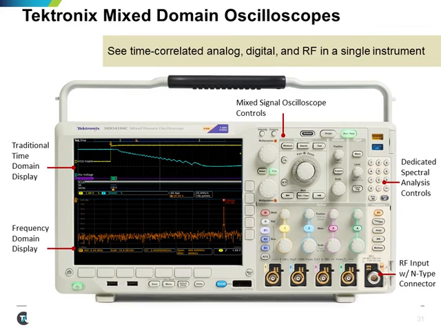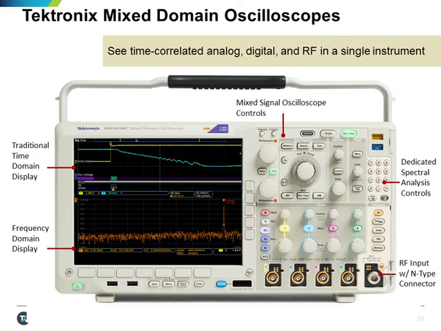If you're going to be doing a lot of RF work, then you might want to consider a mixed domain oscilloscope, or MDO. They have a dedicated RF input and spectrum analysis controls for displaying signals in the frequency domain. The key words on the slide are time correlated. You can see what an RF spectrum looks like at a specific time.